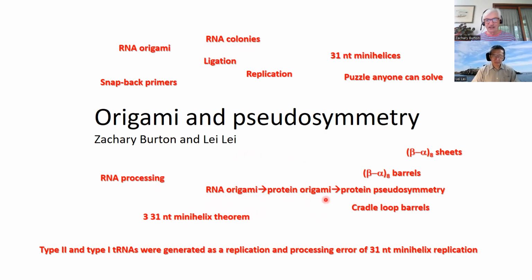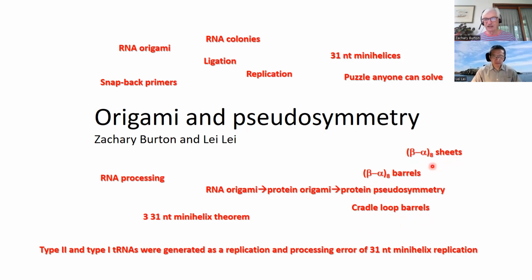If you translate it into protein, then you can fold it into a pseudosymmetrical barrel. I'll show you some of that. Notably cradle-loop barrels that are important for DNA synthesis and RNA synthesis, and also beta-alpha 8 barrels, which are also called TIM barrels, and these are a big part of sugar metabolism in modern life. And then also these can be refolded into beta-alpha 8 sheets, and that's the basis for forming Rossmann folds.